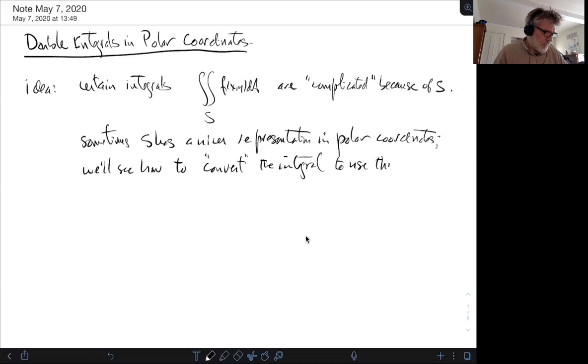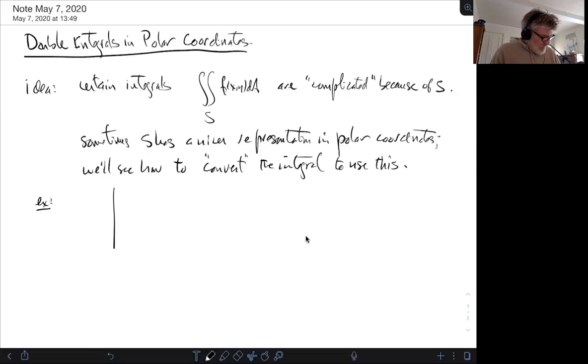Okay, so that's the main idea. So just to go through a few basic examples again and to try to illustrate where this is going. So let's just a couple of reminders.